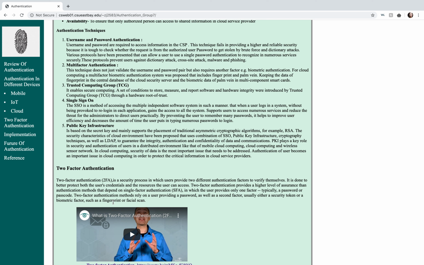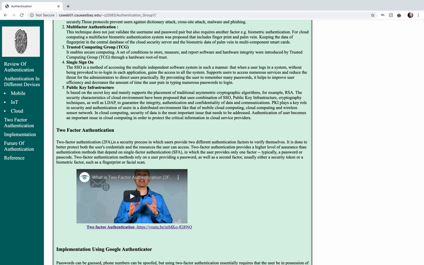In our project, we have implemented a two-factor authentication. So let's see what two-factor authentication is. Two-factor authentication adds an extra step of authentication to the initial login procedure.